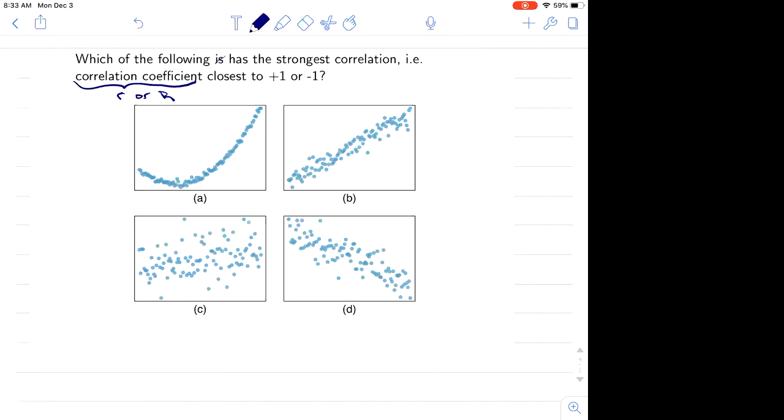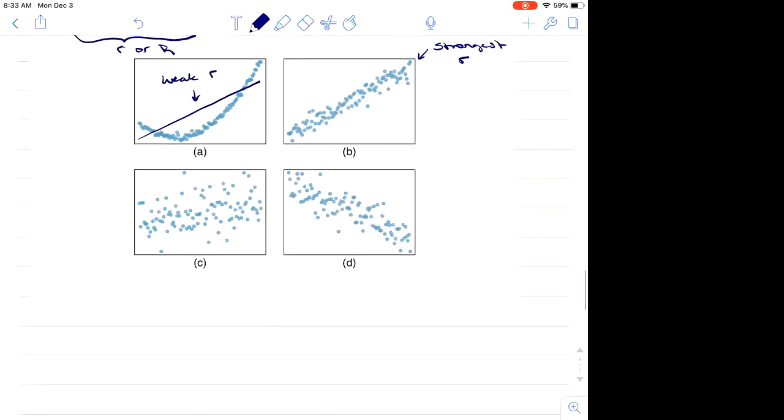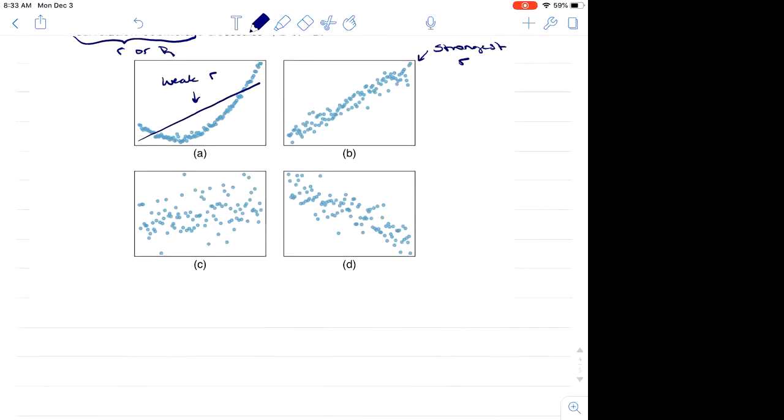So this would actually be a weak correlation. Here we would have the strongest correlation. Here we would have a strong correlation. Here we would have a weak correlation.